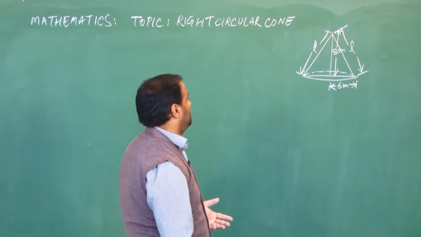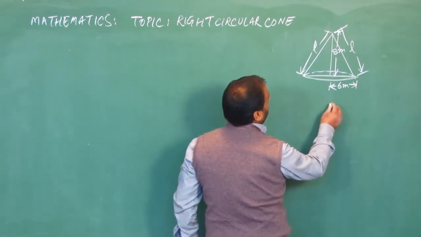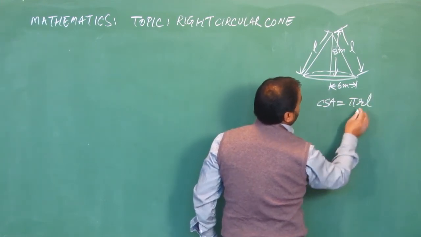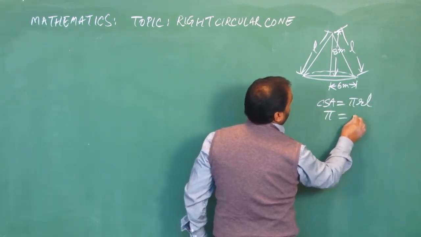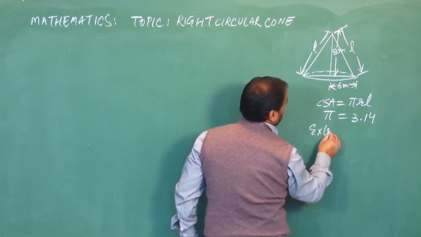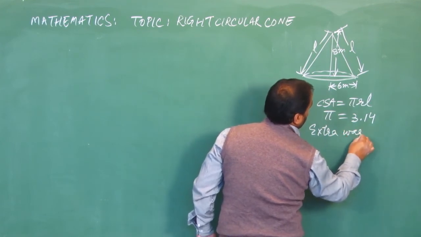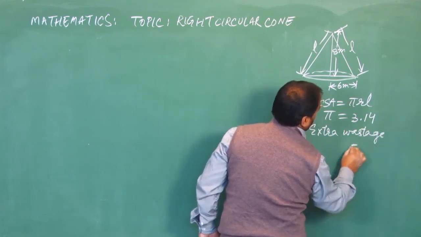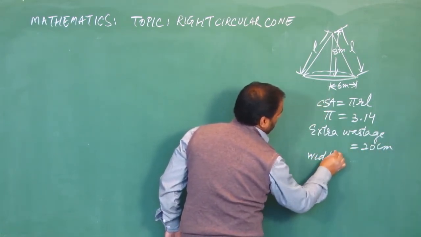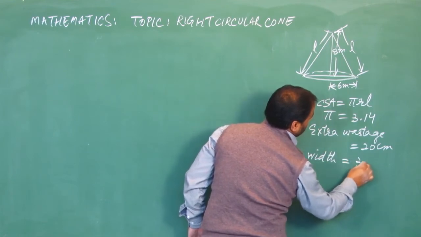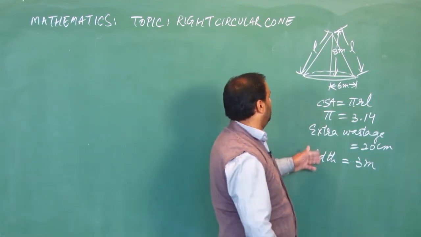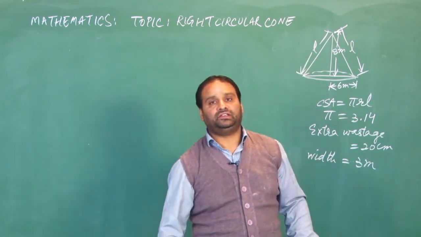So, curved surface area equals pi r L, and in that question we are given that the value of pi is 3.14 and extra wastage in length is to be kept as 20 centimeter. The width of the tarpaulin that is available is 3 meters. So, how much length of that tarpaulin we need to make that sort of conical tent?